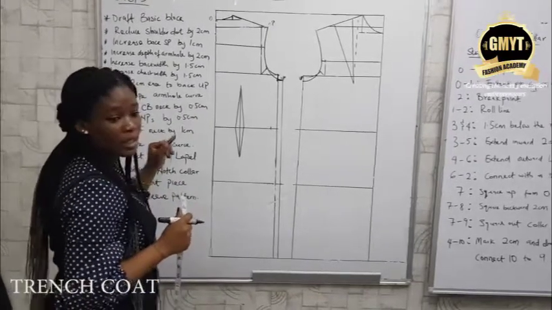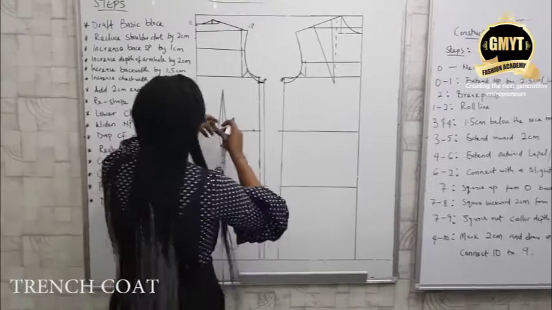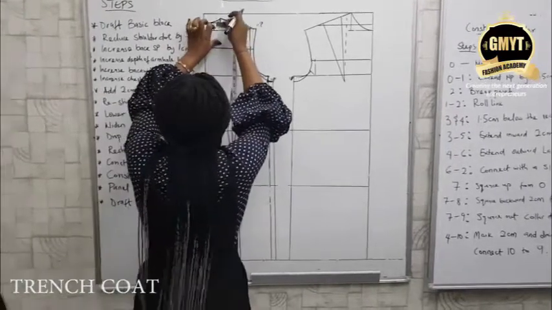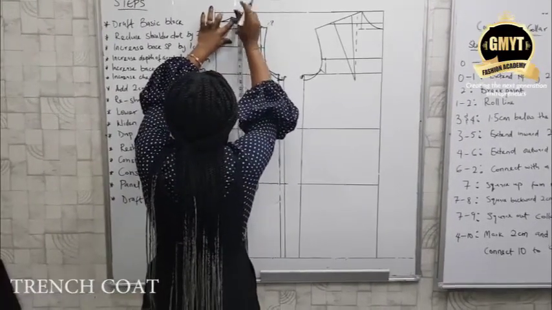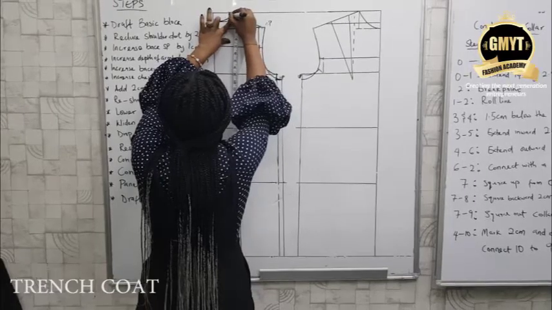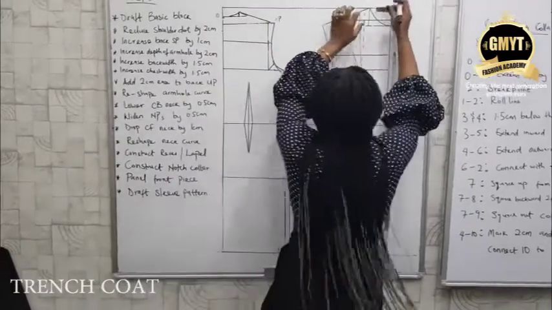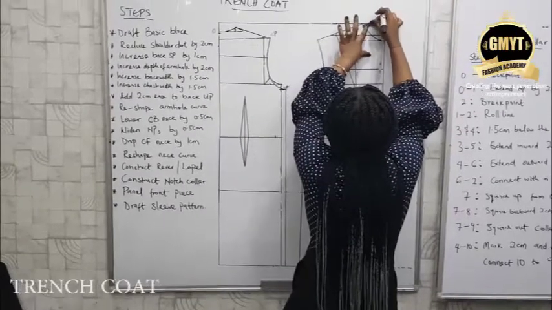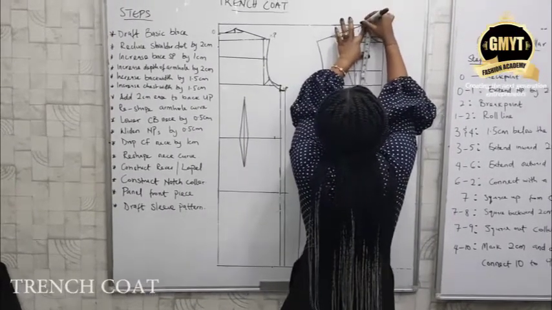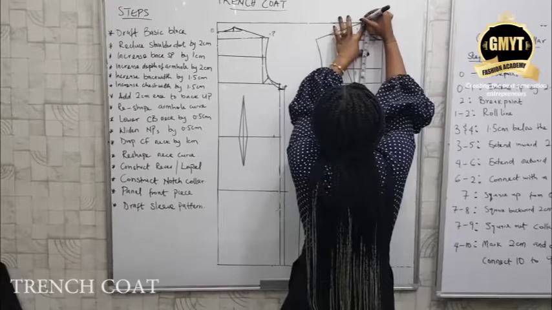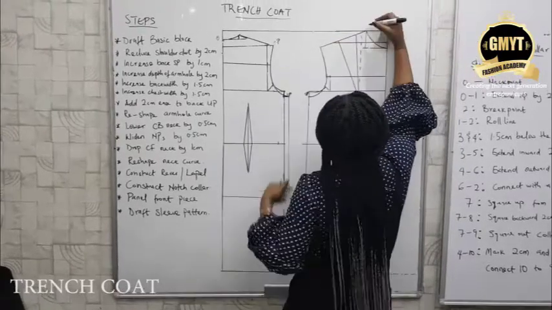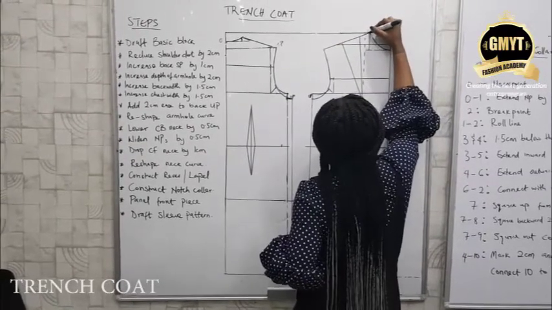I'm going to widen it by 0.5 cm as well. So I come to my neck point here and measure 0.5 cm and do the same thing for the front. So this is going to be my new neck point.